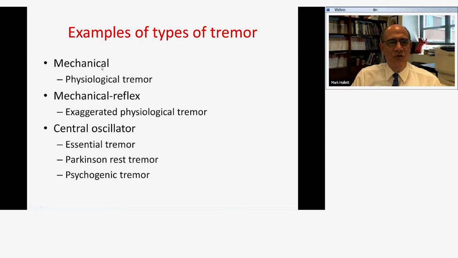So when you do these sort of tests, you can divide to mechanical reflex, or a central oscillator, and you have physiological tremor, exaggerated physiological tremor, and then a variety of central oscillators. Essential tremor, Parkinson rest tremor, psychogenic tremor are central in nature.